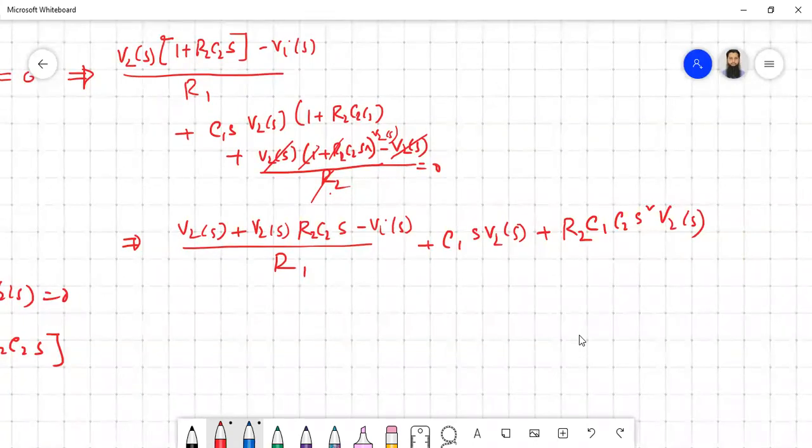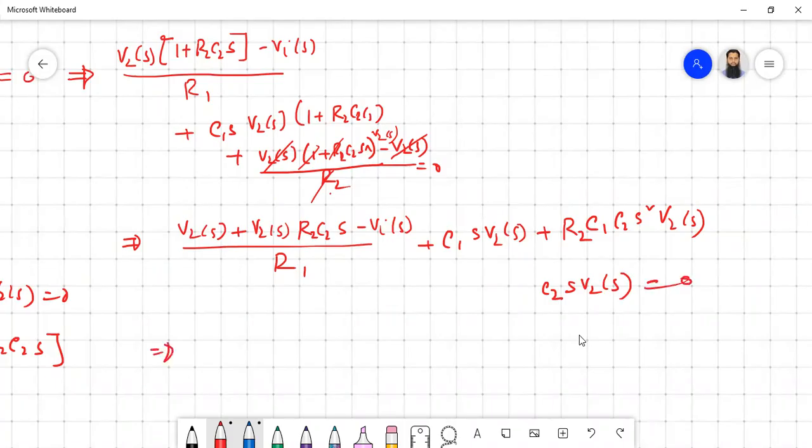Finally, the last term, that after simplification, what we are having is C2 C2 S V2S. So now this R1 can be multiplied throughout the equation.